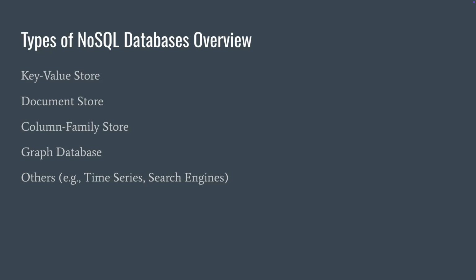Other specialized databases include time series databases specialized in chronological data, or search engine oriented databases that focus on text indexing and retrieval.